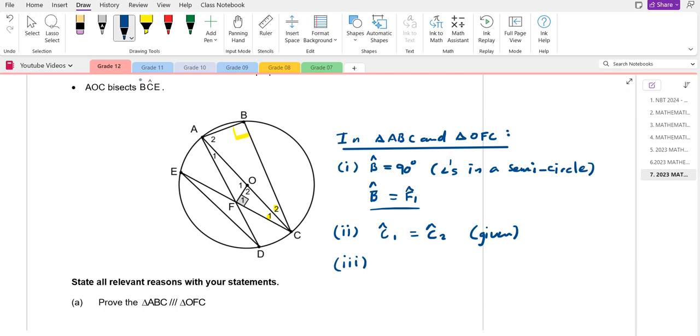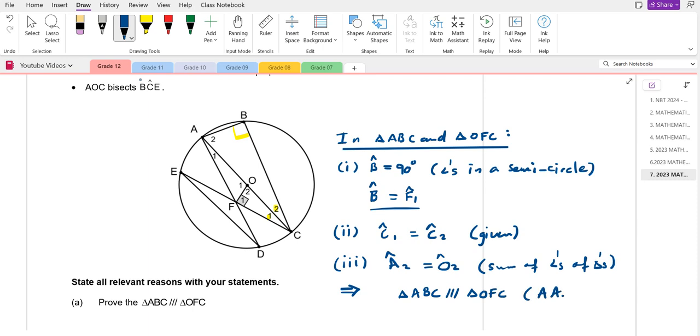Which is angle A2 is equal to angle O2, and that's the sum of angles of a triangle, or the third angle. So this implies that triangle ABC is similar to triangle OFC, and the reason is angle, angle, angle. I hope you guys understood that.